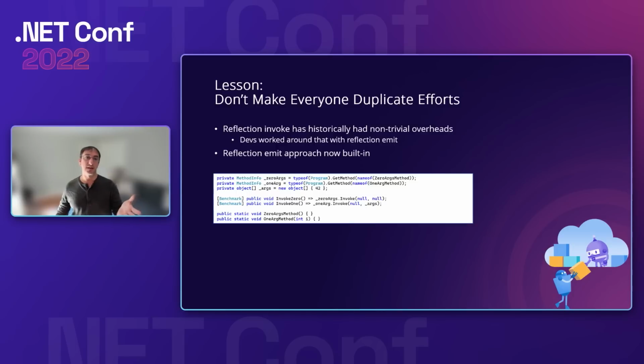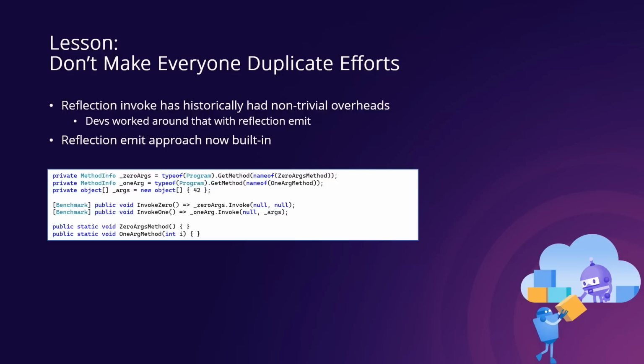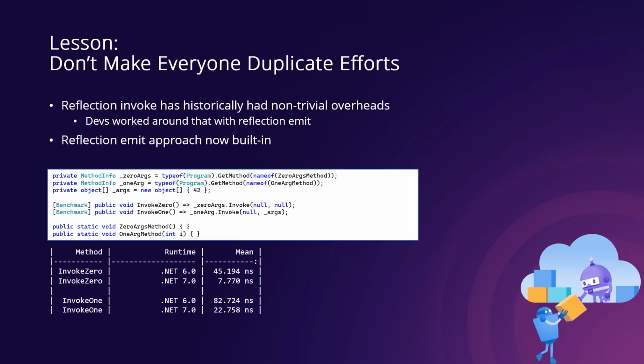So I have a simple little demo here. I have two methods, one that has 0 arguments, one that has 1 argument, and I'm running a benchmark that over and over invokes them using reflection invoke. If I compare the runtimes for .NET 6 versus .NET 7, the 0 argument version on .NET 6 was taking about 45 nanoseconds.